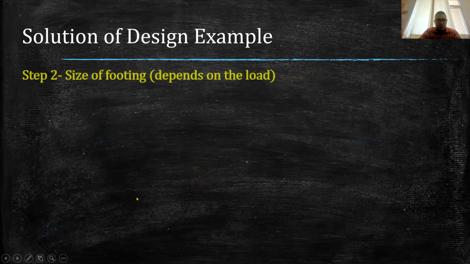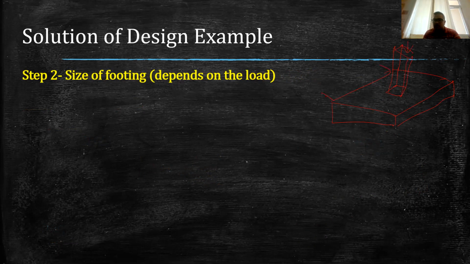So now our next step is to find out the size of footing. Our footing will be something like this. It is a square footing, and it is supporting a column which is carrying a vertical load.